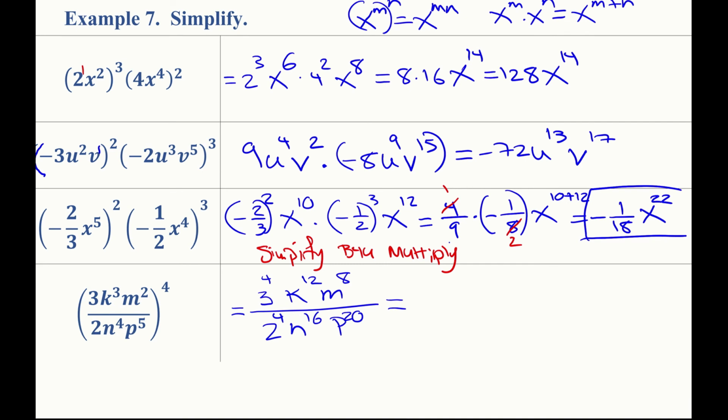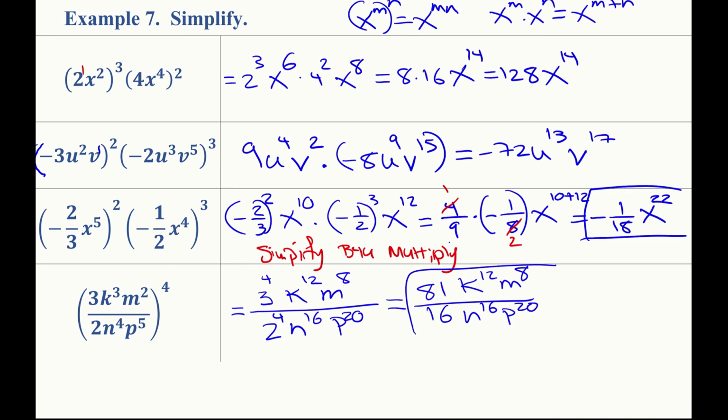Now we're just going to get 3 to the 4, which is 81, k to the 12, m to the 8, over 2 to the 4, which is, as you know, 16. N to the 16, p to the 20.